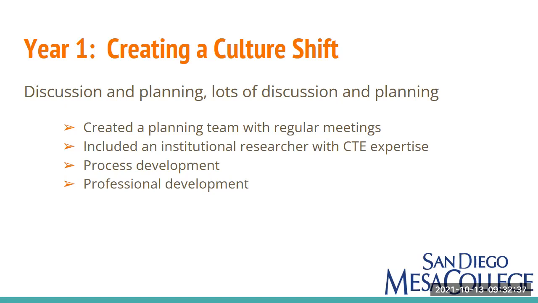Perkins 5 really provided us with an opportunity to shift that culture and now really embed an equity focus into all of those conversations. And one of the biggest things that we had to do was bringing in that institutional researcher with a CTE expertise.